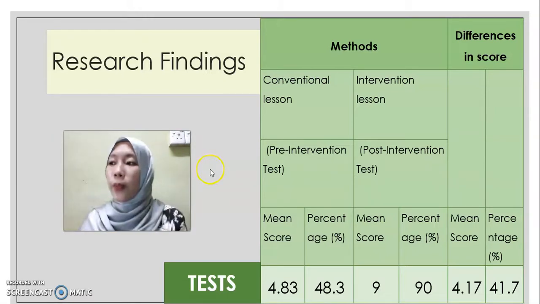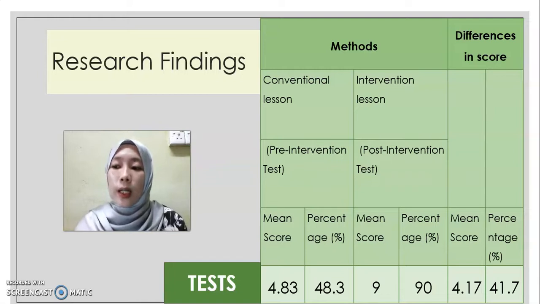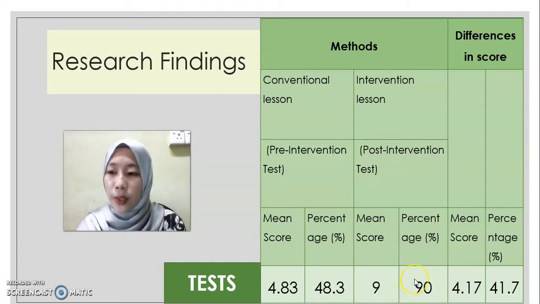So for the findings of my research, it shows the improvement of results in the pupils' test. As we can see from the table, the comparison of the results for the pre-intervention test, the mean score is 48.3%, and for the post-intervention test, the result shows a 90% mean score.